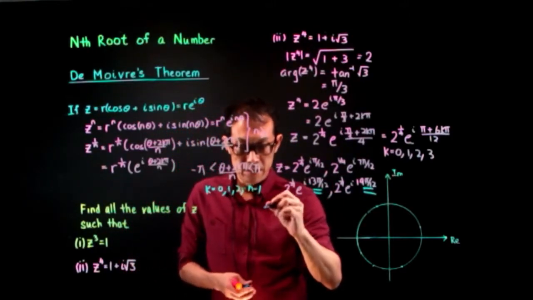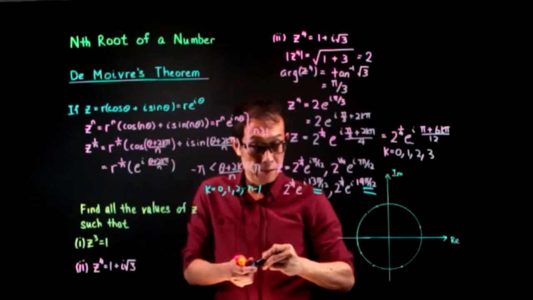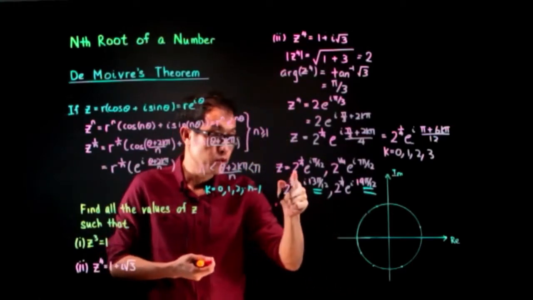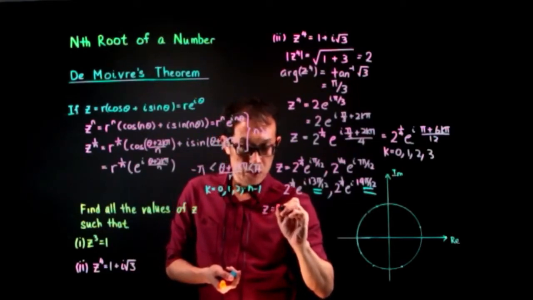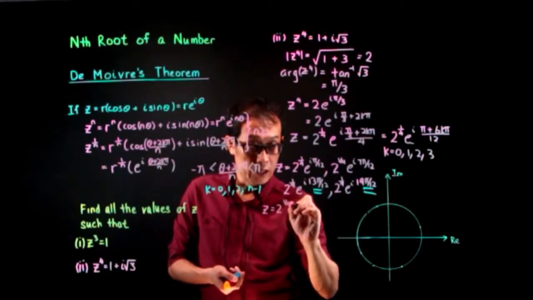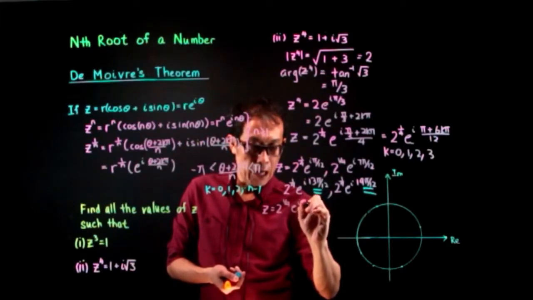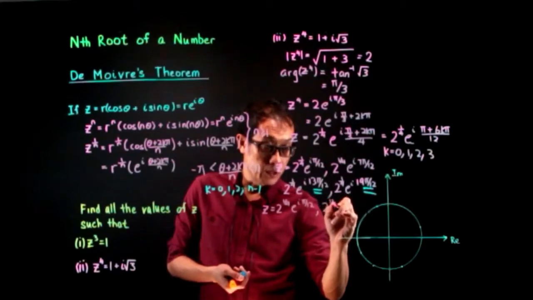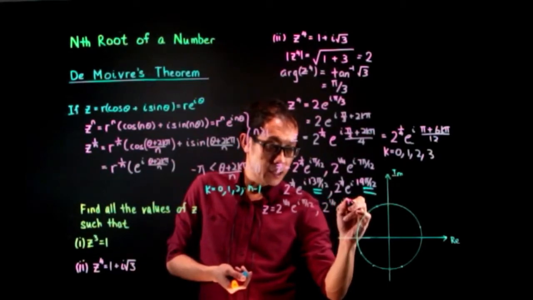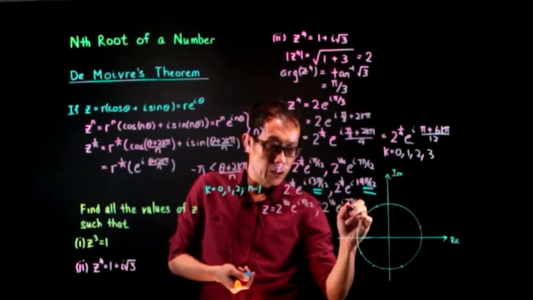So z, let me use red again. The first two are the same. So z will be equal to 2 to the power of a quarter e^(i pi over 12), 2 to the power of a quarter e^(i 7 pi over 12).